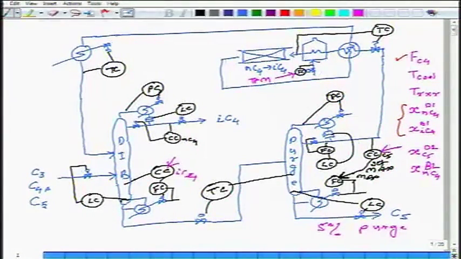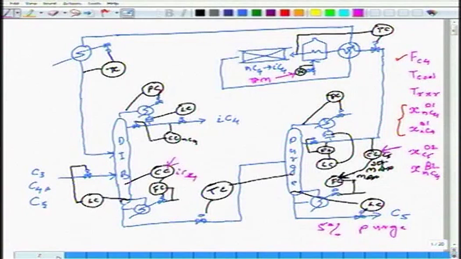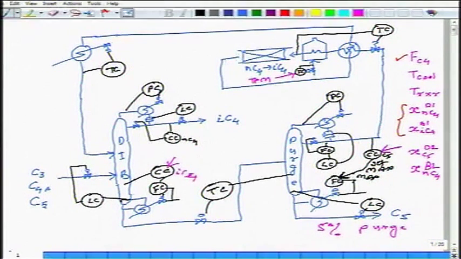We discussed this, I think in detail. Basically what I am trying to do is minimize the C5 that's circulating around so that I can suck in more. What is circulating around in this loop is essentially NC4, IC4 and C5.